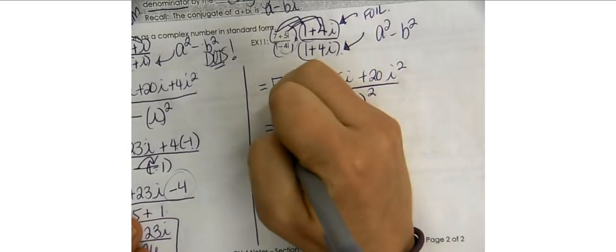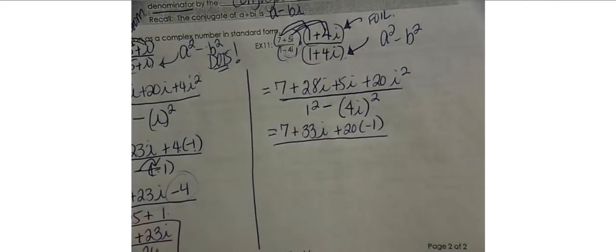So this is 7, and we have 28 plus 5, which is plus 33i. And then we have plus 20, and I'm going to change i squared to -1. This is all over 1 squared, which is 1, minus 4 squared, which is 16, times -1.